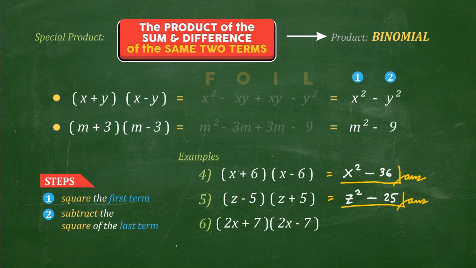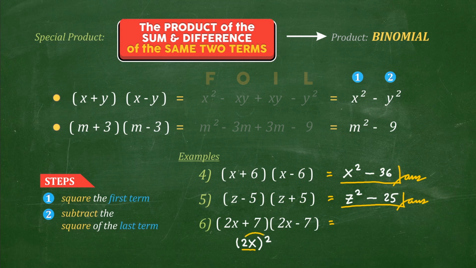Last example, quantity 2x plus 7 times the quantity 2x minus 7. This is a product of the sum and difference, thus another binomial answer. First step, square the first term. So we write the quantity 2x squared. Let's do our scratch work here. Remember that the base is a monomial, so let's try to be more cautious here.